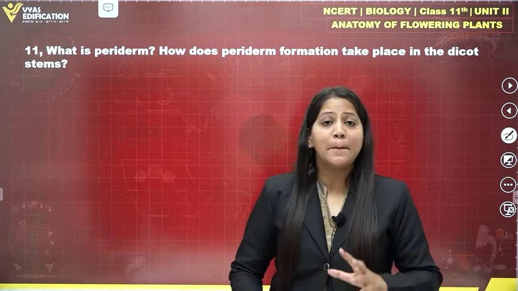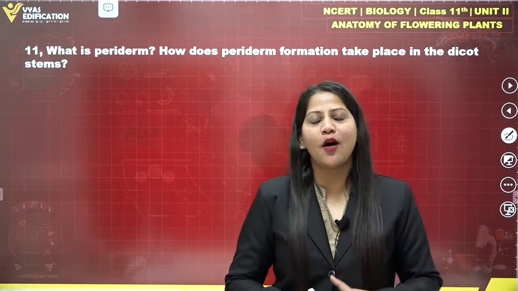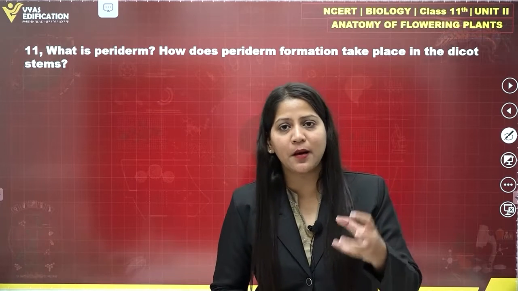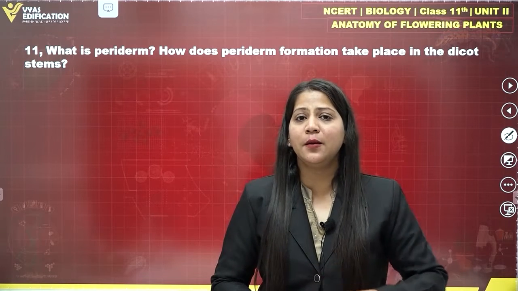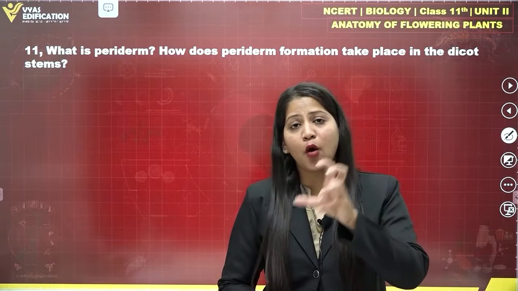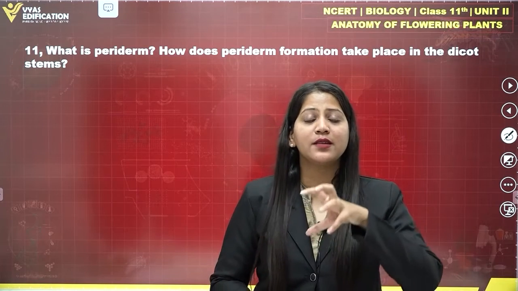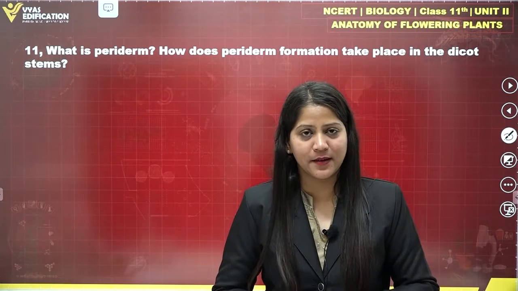So first of all, periderm is the component of secondary growth, and secondary growth is always found in dicot stems and not in monocot stems. So first of all, what is periderm? Periderm is the component of secondary growth in dicot stems. It is found on the surface of root and stems of dicot plants.